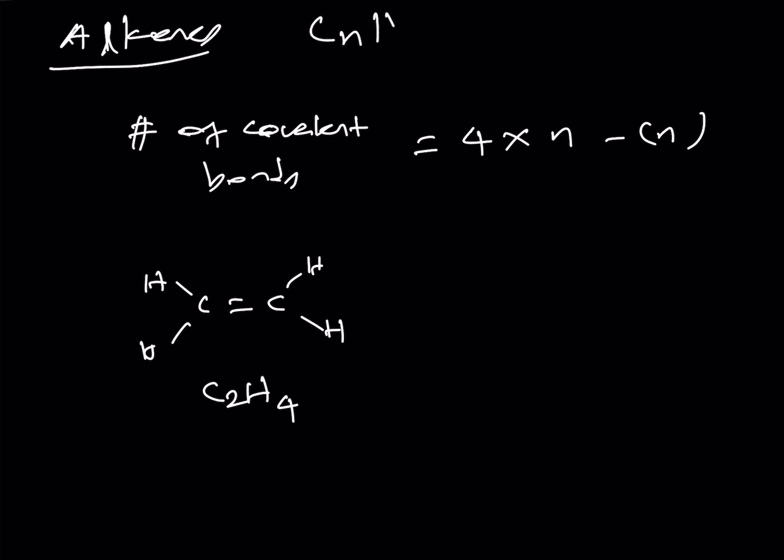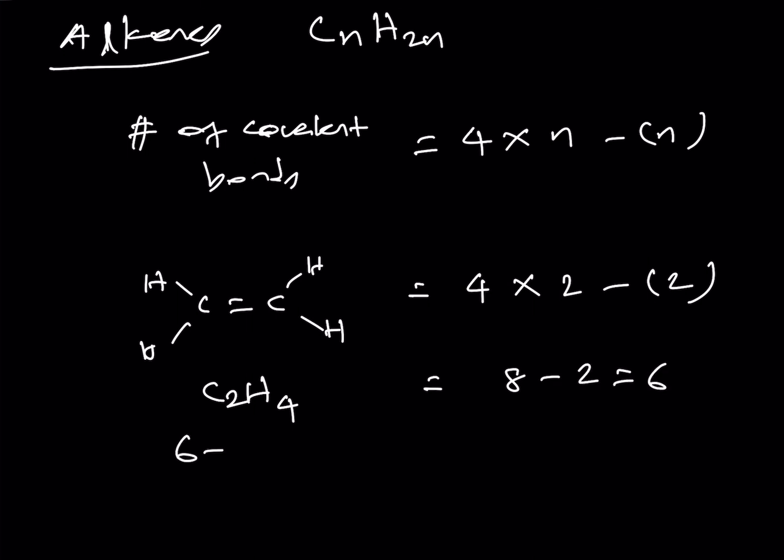General molecular formula is CnH2n, that we already know. So 4 times 2, because here the value of n is 2, minus 2. So 8 minus 2, that is equal to 6. We have 6 covalent bonds here in this case.